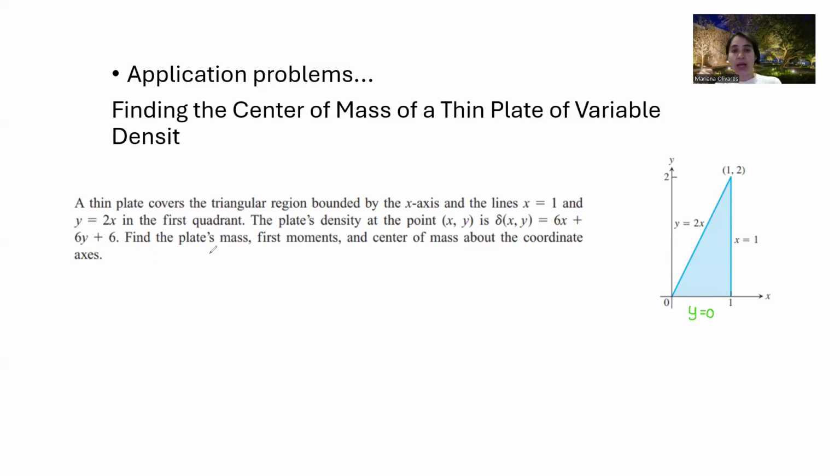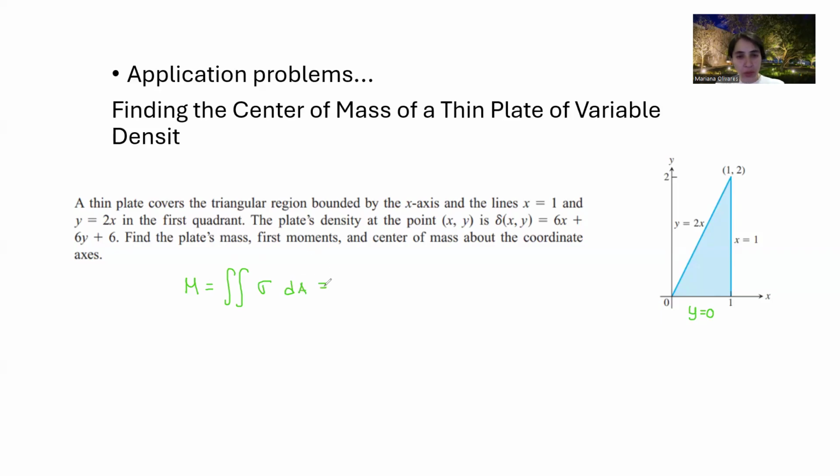They are asking us to calculate the mass, the first moments, and the center of mass about the coordinate axis. So let's start. The mass is the easiest one. Remember, this is going to be the double integral of the density, any expression that you have for the density, times the differential of area.